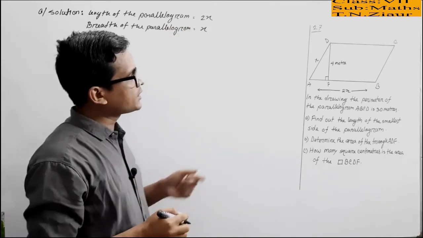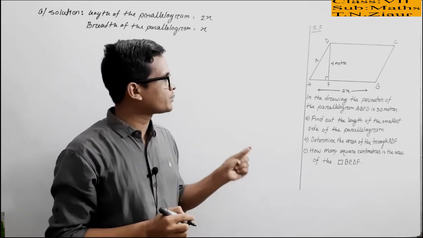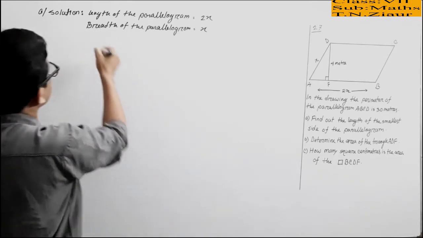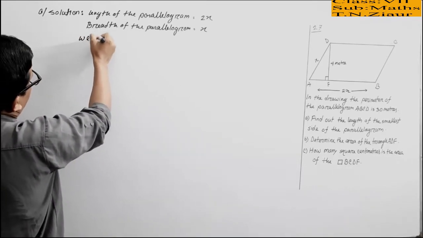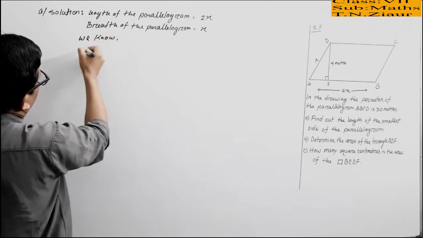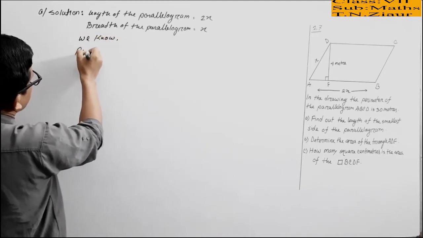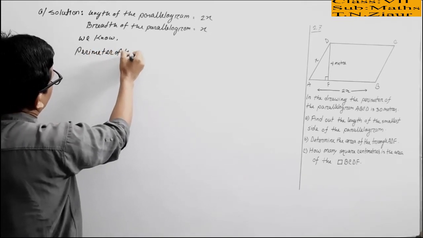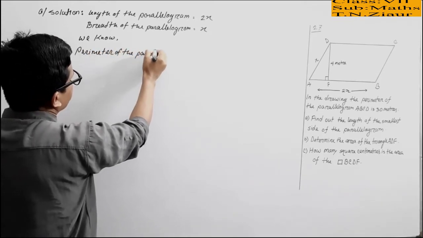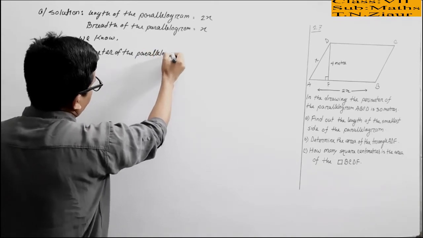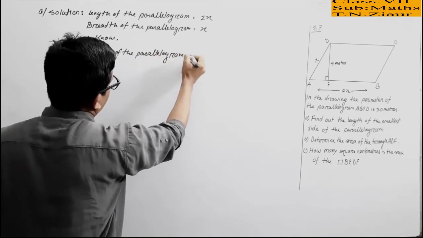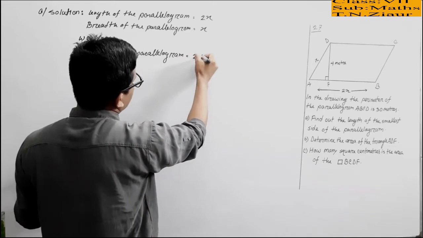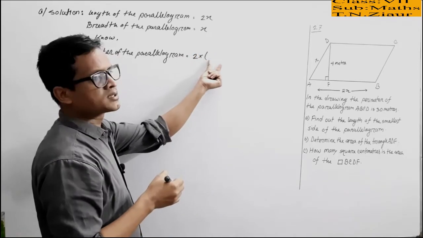Here it is given that the perimeter of the parallelogram is 30 meter. We know the perimeter of the parallelogram is equal to 2 into length plus breadth.